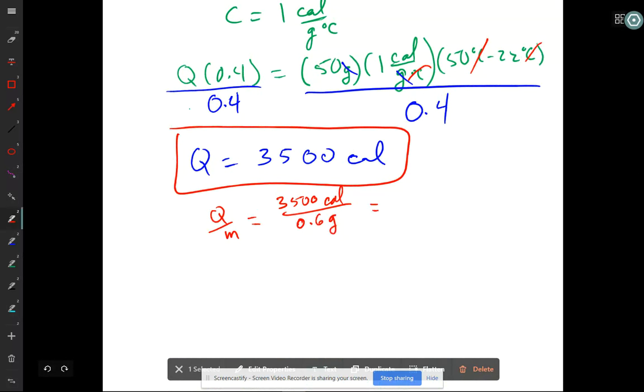So 3,500 divided by 0.6 is 5, 8, 3 repeating. So 5,833 and a third calories per gram.